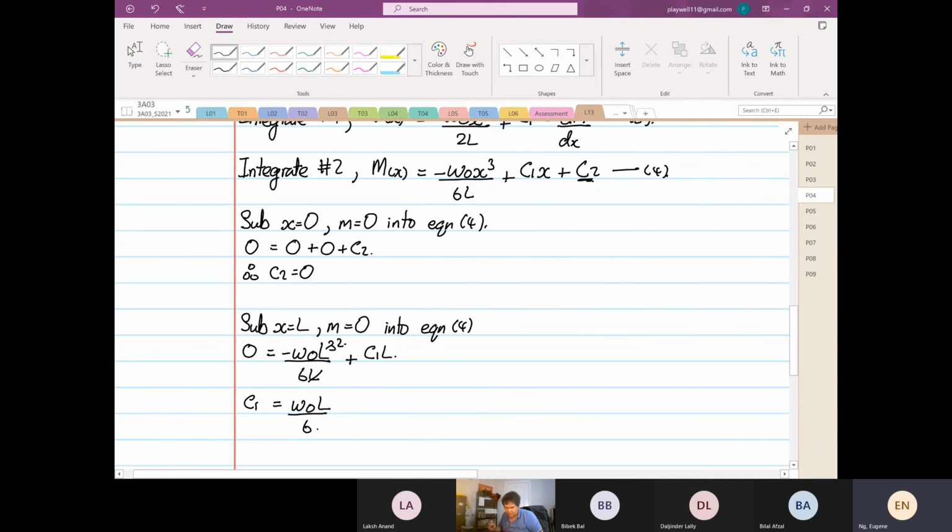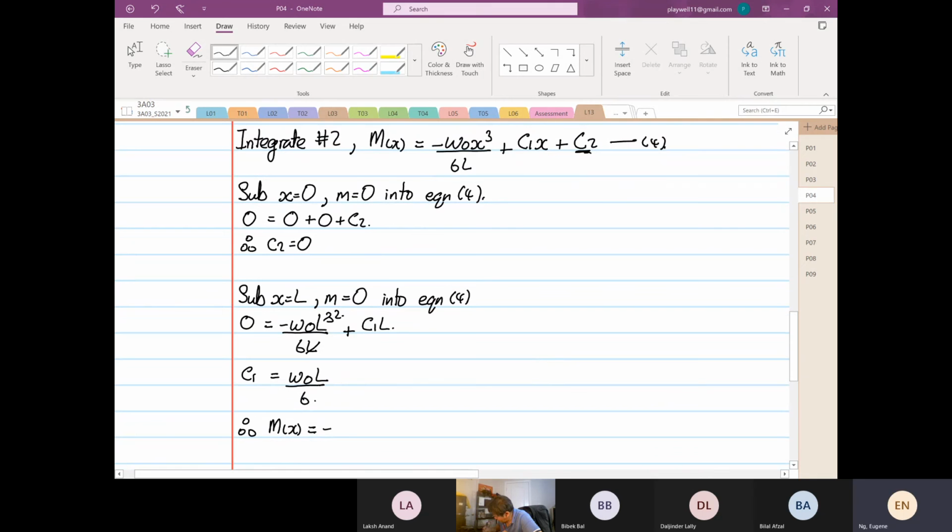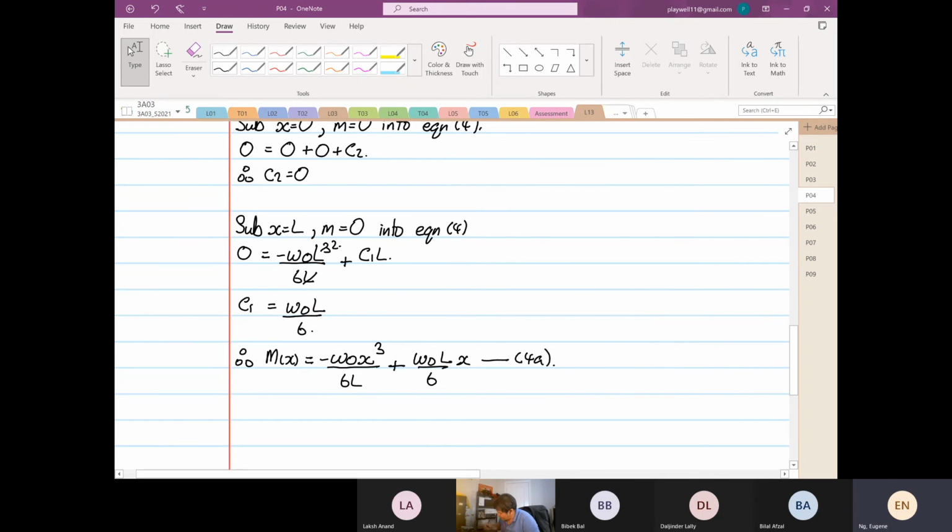That is your C1. Therefore, M as a function of x is equal to minus omega naught x cubed over 6L plus omega naught L over 6 times x. This is equation 4a because it's from equation 4. Now we're going to apply the elastic curve equation.